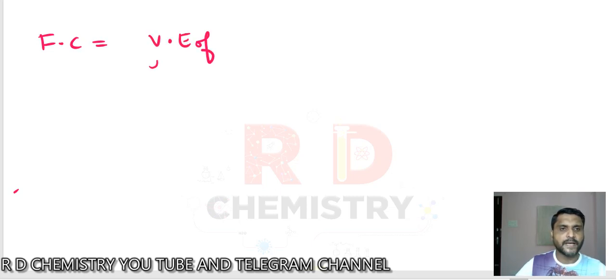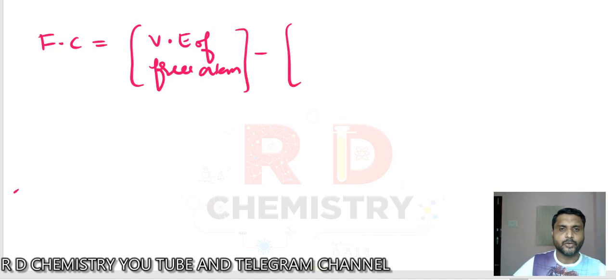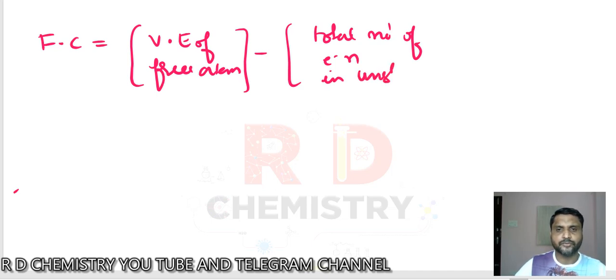How to calculate the formal charge of any atom: it is equal to the valence electrons of the free atom, valence electrons in the free atom, minus the total number of electrons in unshared pairs, that means the electrons present in the lone pairs.